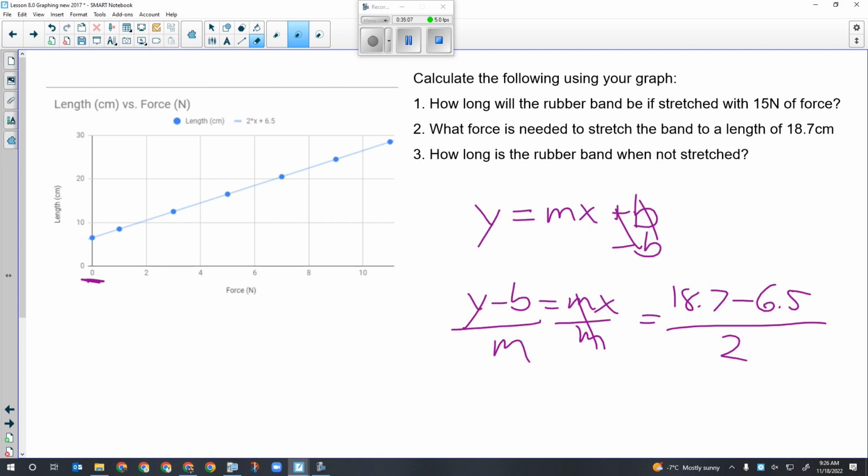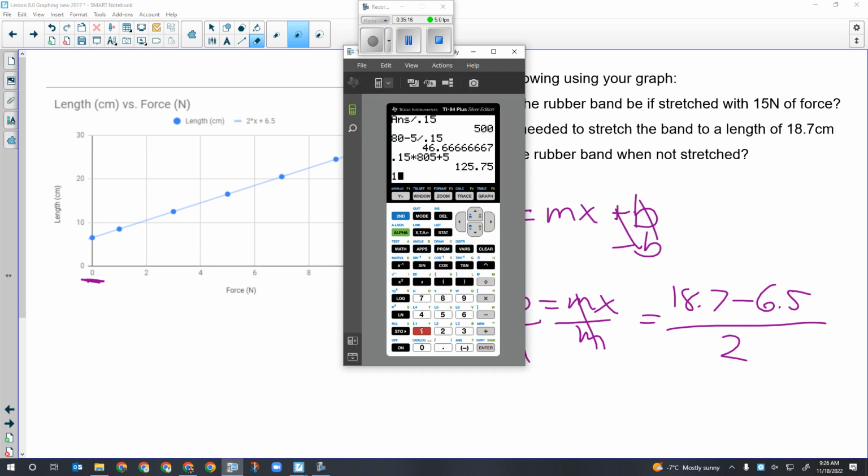So I plug in 18.7 minus 6.5 divided by 2, and it should use 6.1 newtons of force to stretch it to a length of 18.7 centimeters. Is that making some sense?